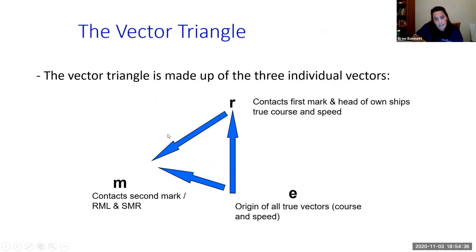Let's look at that in a bigger triangle. It's made up of 3 individual vectors. The R to M is the relative motion. And if we measure the distance between R and M, then we can calculate what the speed is, right? Using that 60D street.